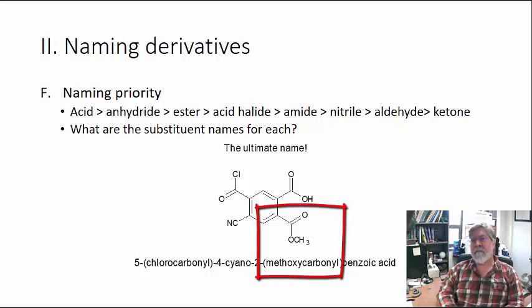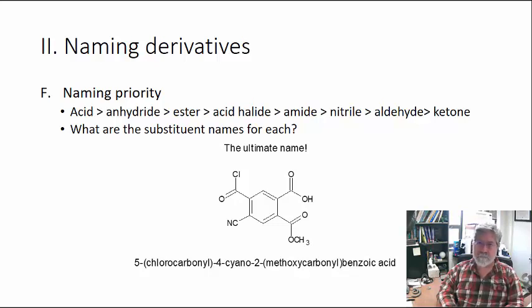So think about that for a moment. What if that were an ethyl group instead of a methyl? And how would that substituent name change, right? That would become ethoxycarbonyl. If that were a propyl ester instead, propoxycarbonyl, right? So they are the substituent names.